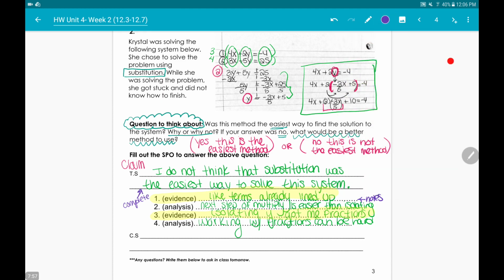So, in my conclusion, I'm going to state why. I'm going to restate my topic sentence, but I also want to answer this second part. If your answer was no, what would be a better method to use?